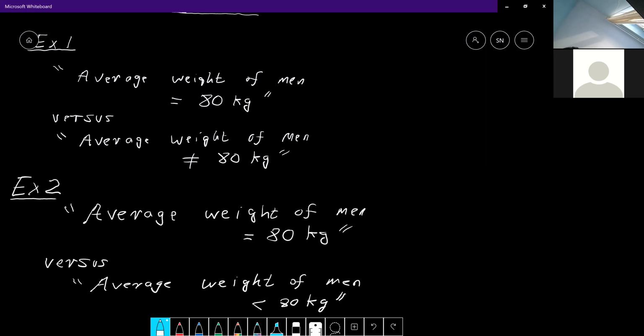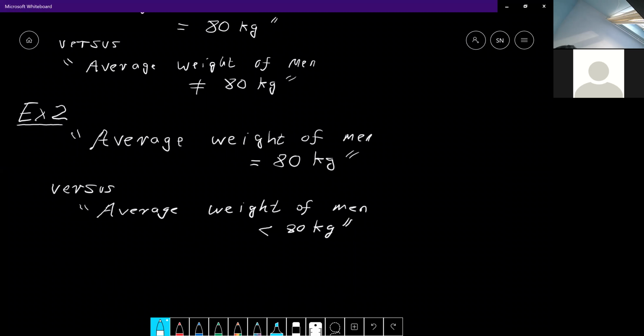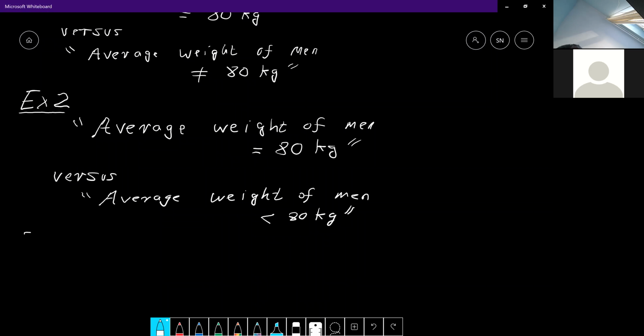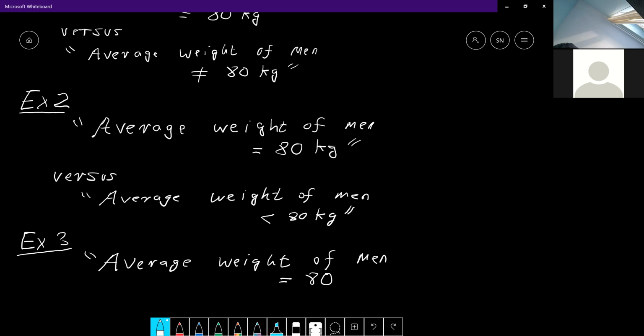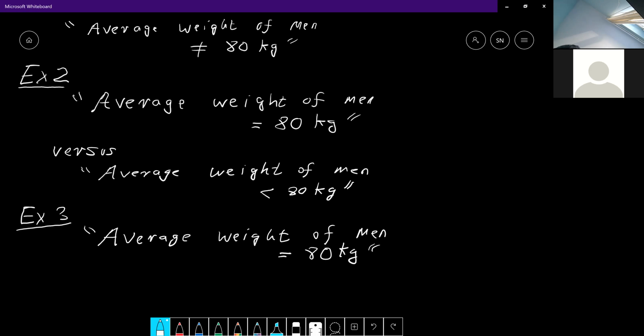And another example, number 3, would be something like this, where we have the average weight equal to 80 kg versus the alternative.